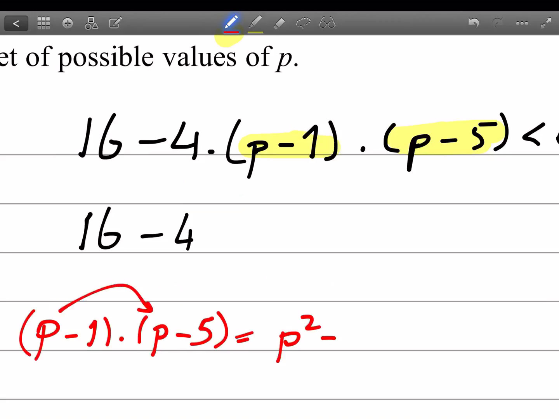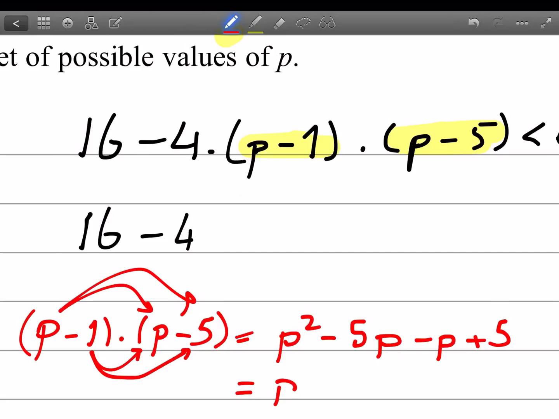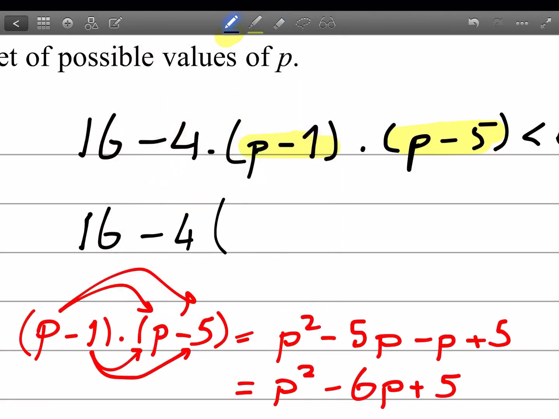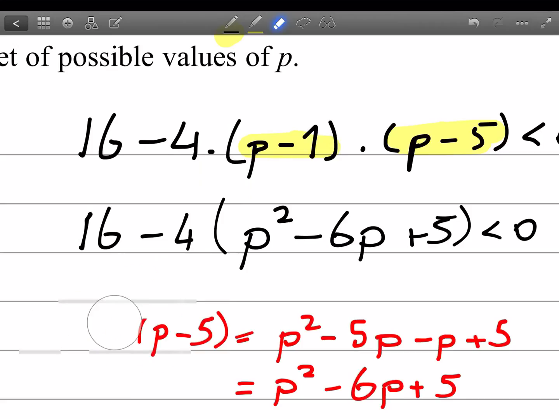P squared, p times minus 5 is minus 5p, and minus 1 times p is minus p, and minus 1 times minus 5 is 5. That will be p squared minus 6p plus 5. We can write this here. P squared minus 6p plus 5 is less than 0. Just delete this.